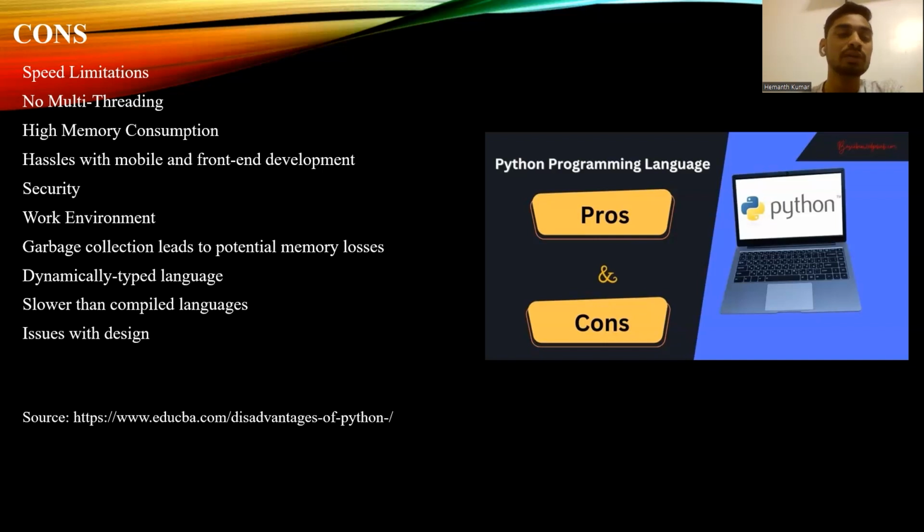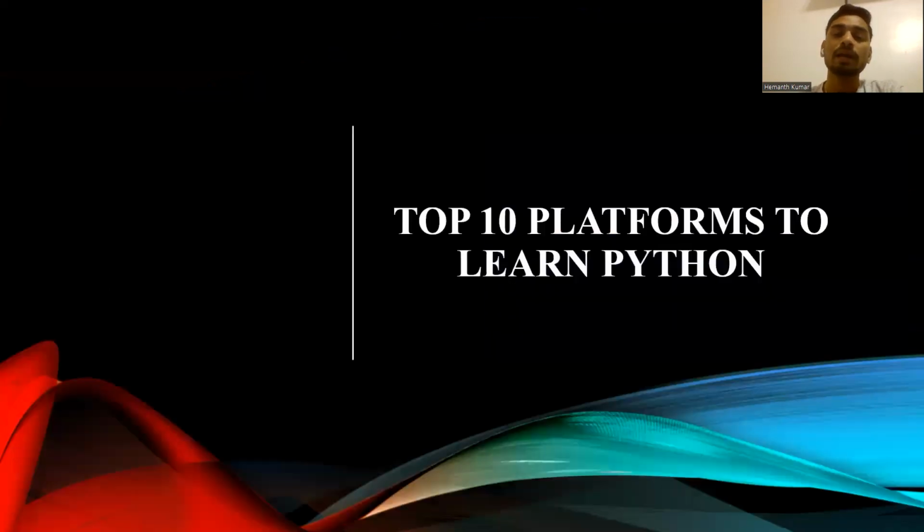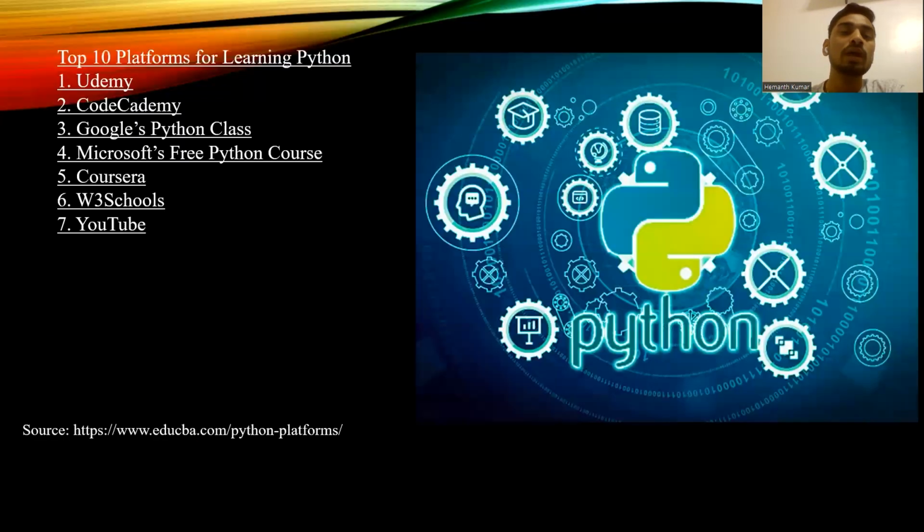And here the security is also very low compared to other programming languages, and the work environment is also not good practice, and here the garbage collector leads to memory loss. It is also a dynamically typed language, and it's slower than other compiled languages, and it also has issues with the design.